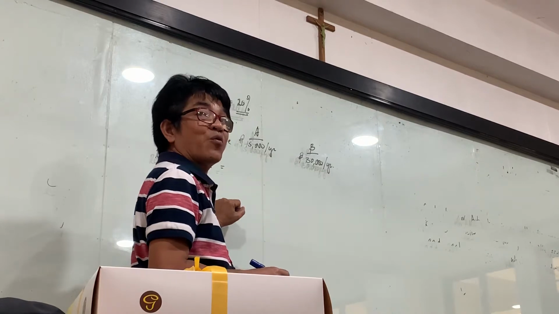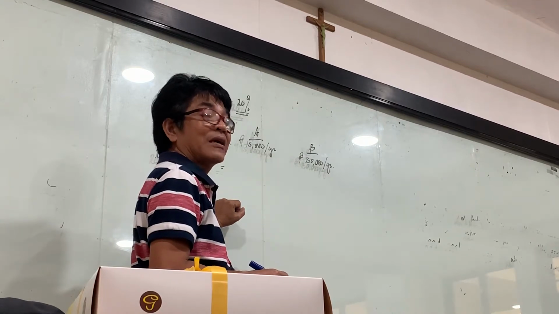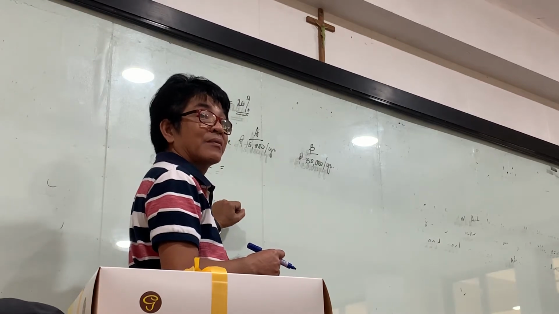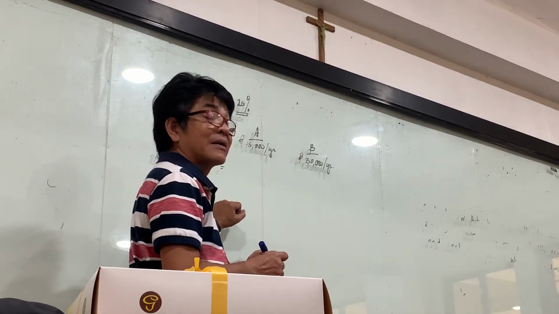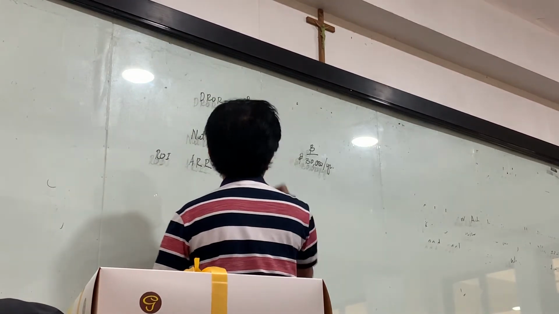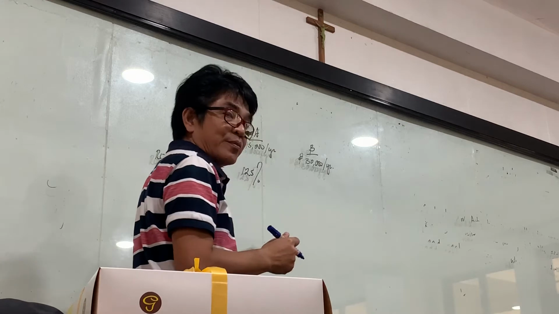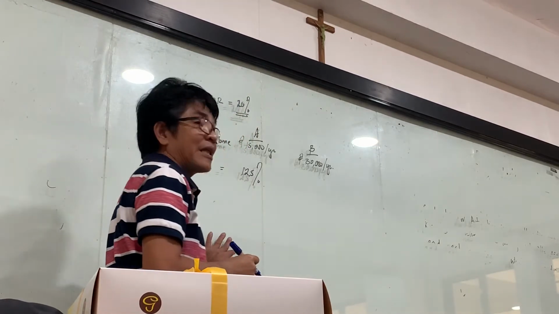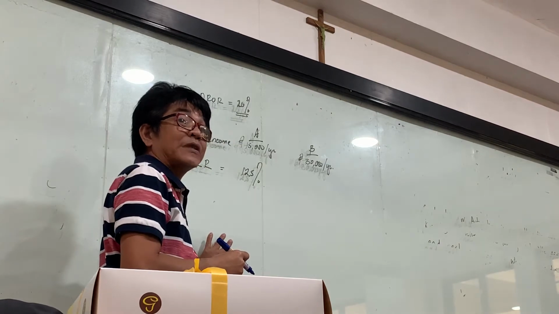15 divided by 120, 12.5%. Okay, and for project B, we have 30,000 divided by 150,000.